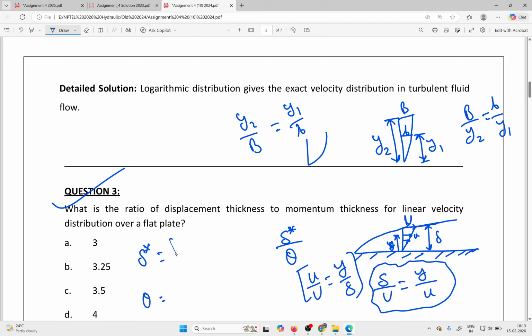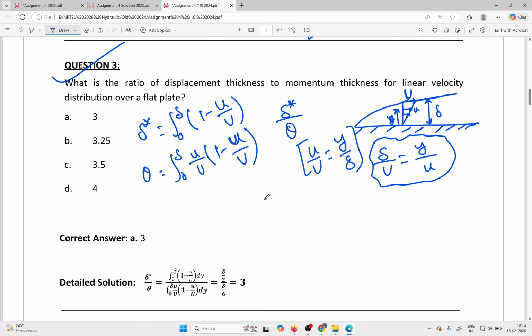For the delta star, I think it is the integral of 1 minus u by capital U, from 0 to delta, and for theta it is u by U times 1 minus u by U. Hope I am correct. Let me just see the correct formula. Yeah, this is correct. So now you have to put everything in here.